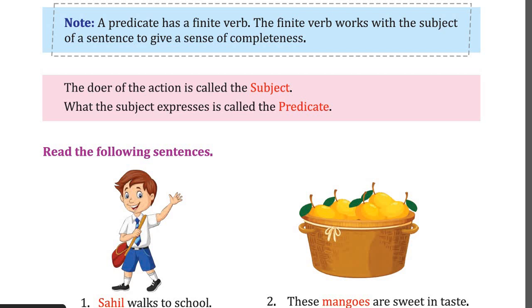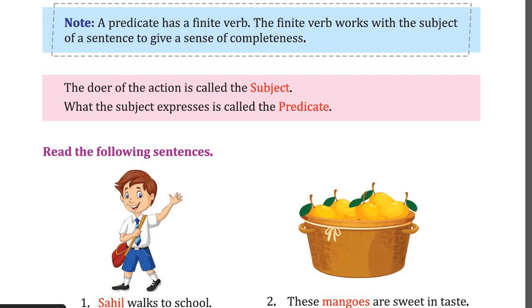In "The cat jumps on the bed", jumps is a finite verb since it shows tense, that is present tense, person, third person, and the number is singular. Verbs which have the past or present form are finite verbs. Any other form is a non-finite verb. So the predicate contains a finite verb to complete the sentence, to make sense of the sentence.